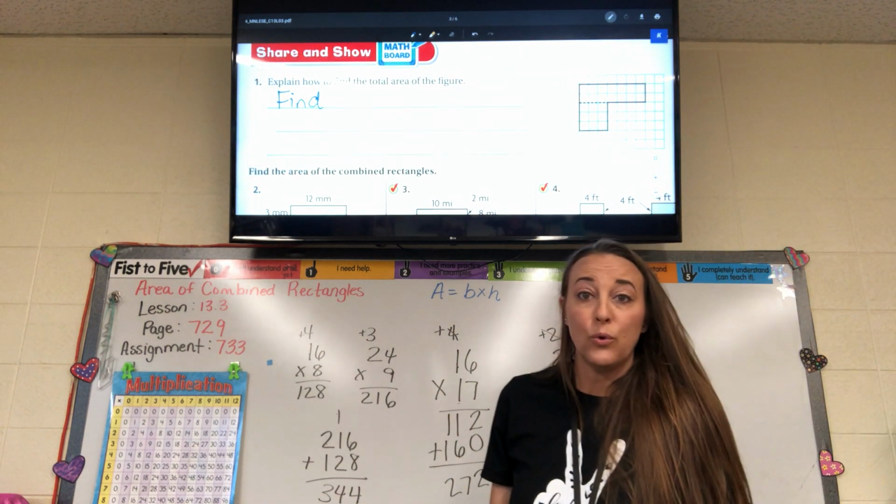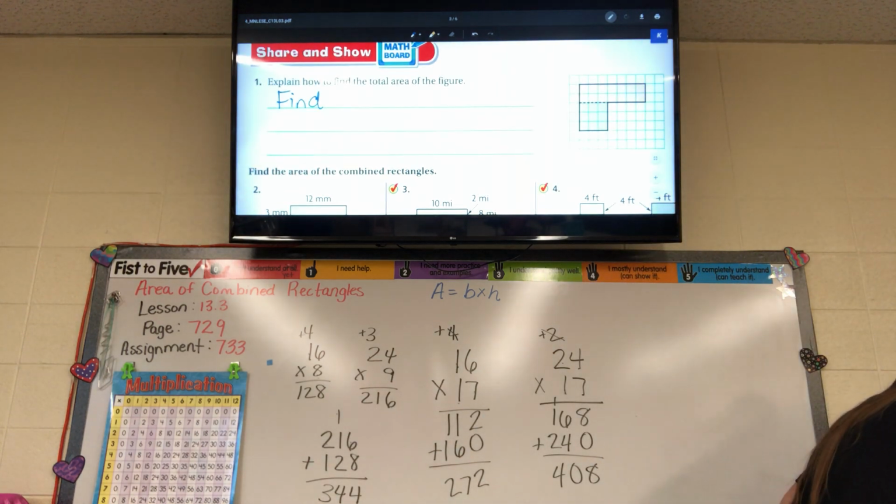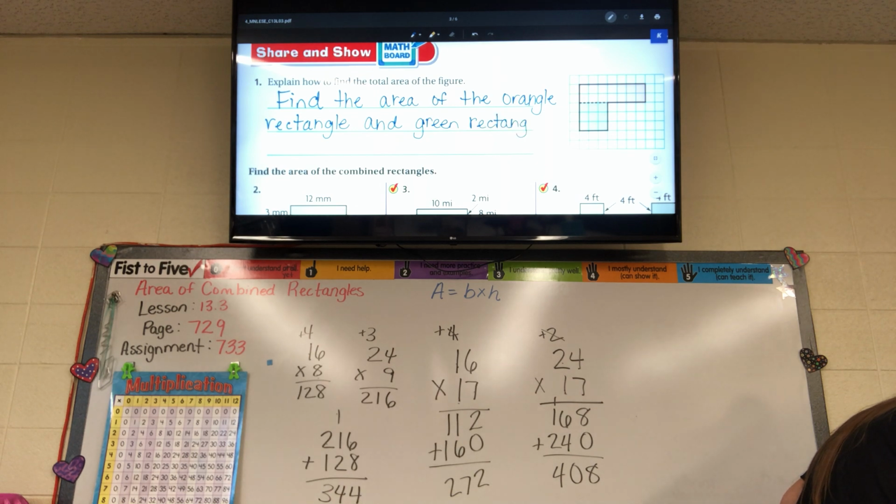Find the area of the orange rectangle, find the area of the green rectangle, then add the two areas together.